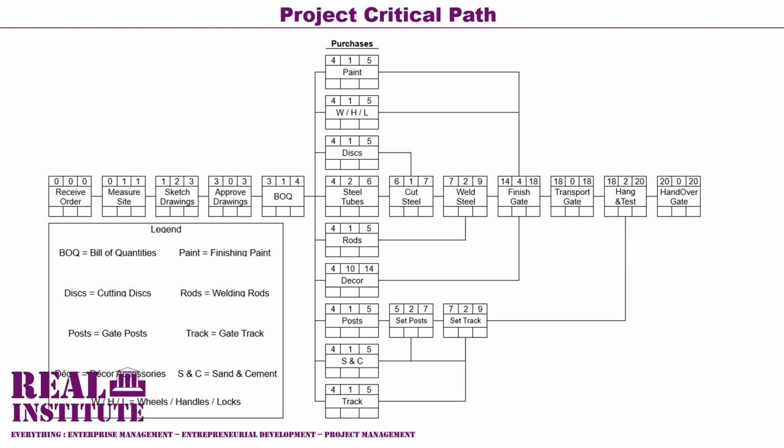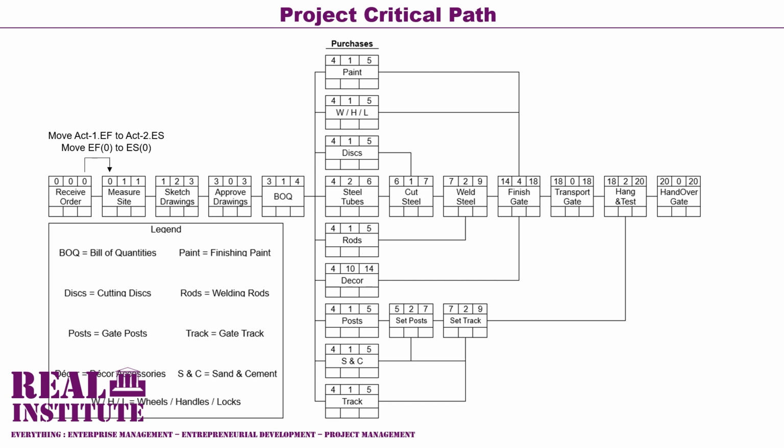Activity 2, which is the measure site activity, is allocated an early start value equal to its predecessor's early finish value. Its predecessor being activity 1, the receive order activity, which has a 0 early finish.